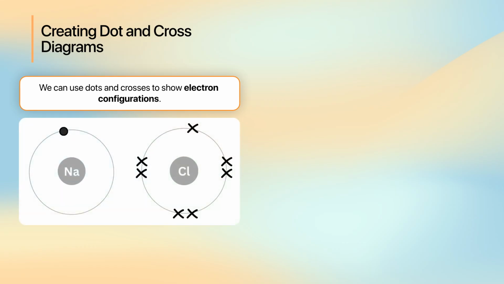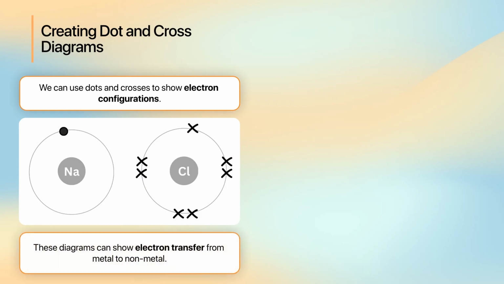In today's lesson, we focused on constructing dot and cross diagrams to represent the electron transfer during the formation of ionic compounds. We began by identifying the elements involved in forming an ionic compound, typically a metal and a nonmetal, using sodium chloride as an example. We determined the electron configurations of sodium and chlorine, noting that sodium has 1 valence electron and chlorine has 7.